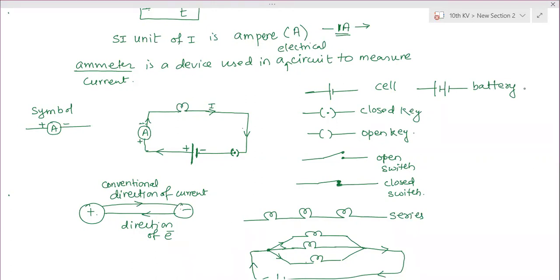And these are the symbols. Below that, write down: an ammeter is always connected in series to the battery.